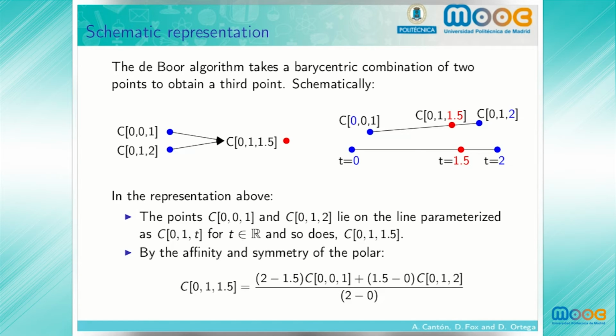This is due to the fact that the polar form is affine and symmetric. So the point C(0, 1, 1.5) can be written as a barycentric combination of the points C(0, 0, 1) and C(0, 1, 2), where these are the coefficients of the barycentric combination that are given by these values.